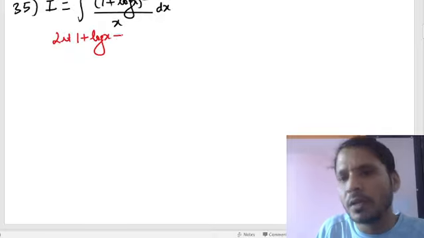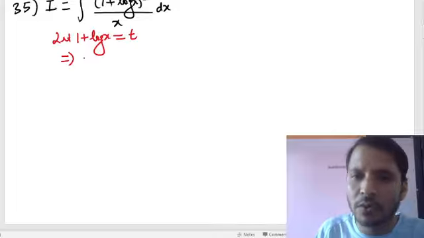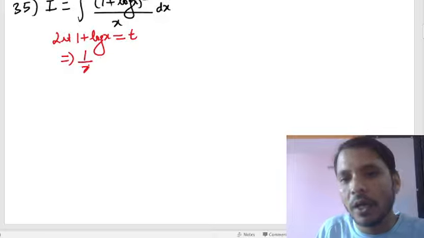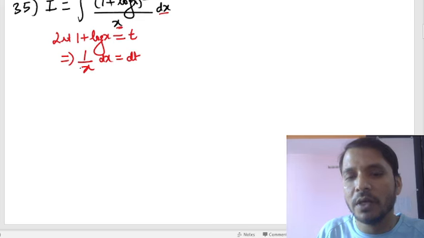Differentiating both sides with respect to x, it becomes 1 by x into dx equal to dt. We can see very clearly that dx and the 1 by x term are already present in this question.